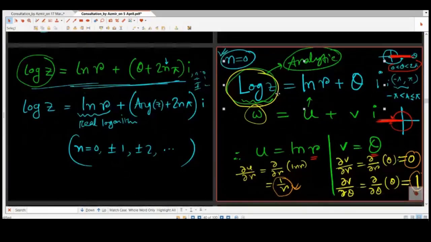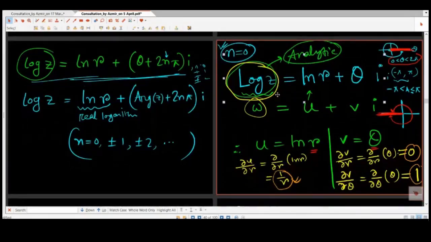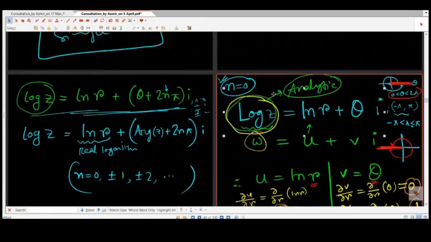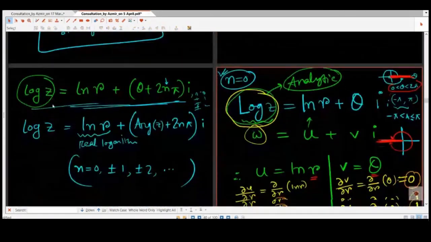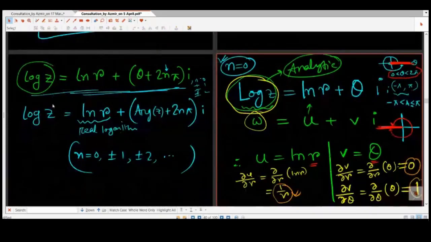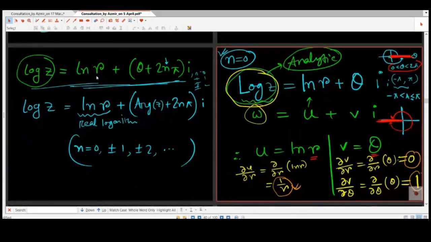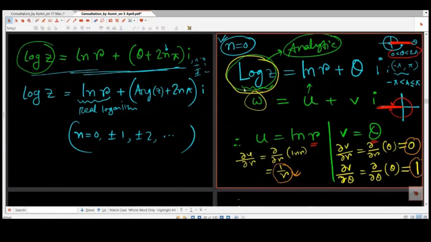That's why, if a multiple valued function is small log, that is log of z, and it has to be analytic, then it has to be converted to a single valued function. At that time, we have to restrict the angle. That's why we need a branch cut.